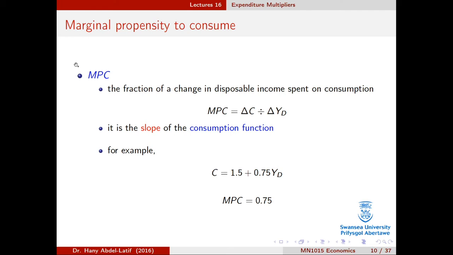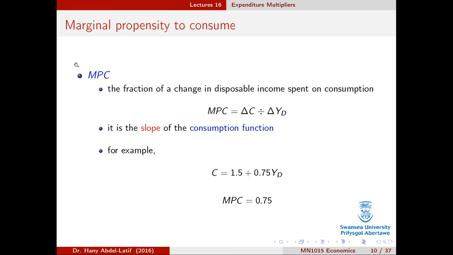My example hopefully helps you to do that, because always think of the £100 increase in your income and see how much you're going to spend out of it. That is the marginal propensity to consume. Okay? So the marginal propensity to consume is the change in consumption divided by the change in disposable income, and it is the slope of the consumption function.